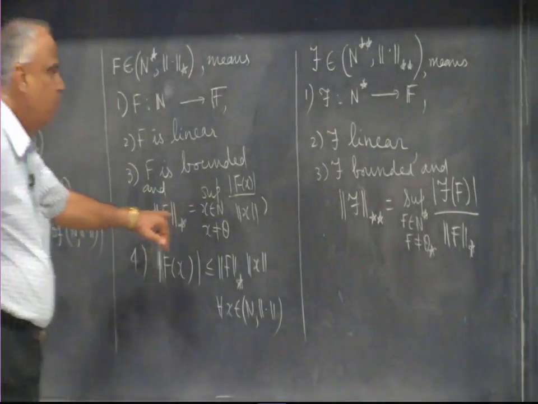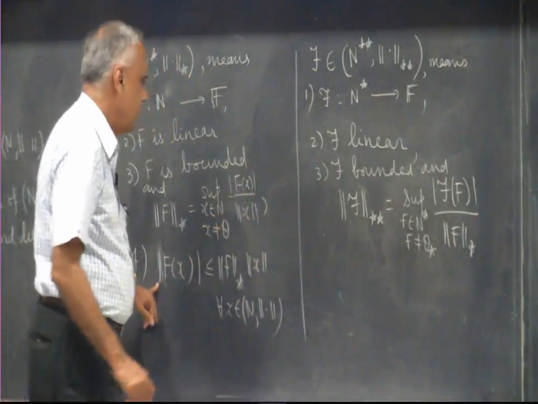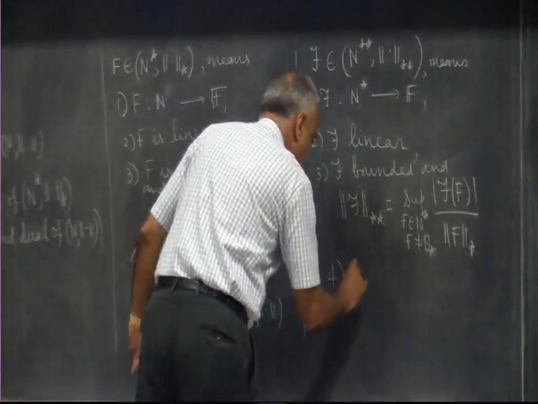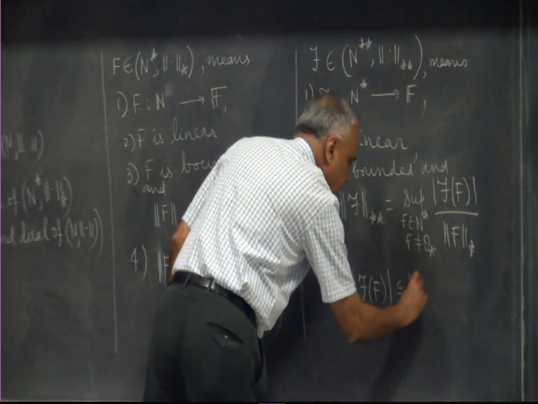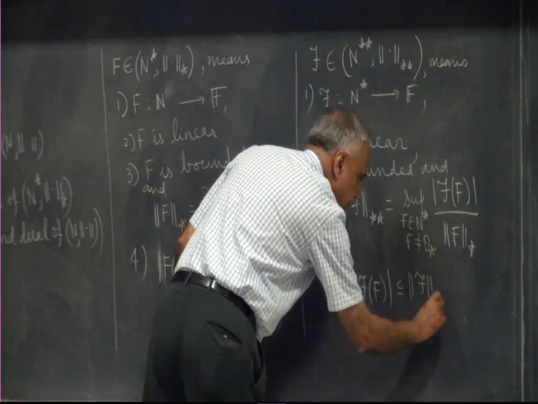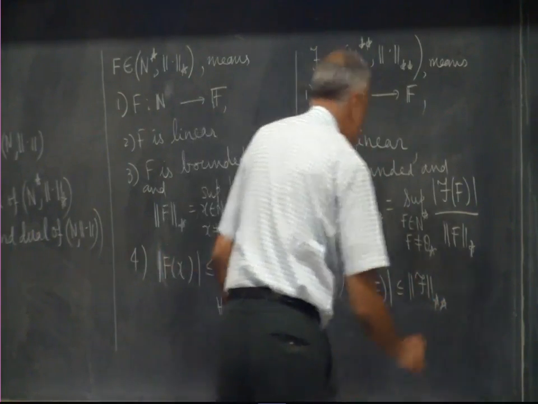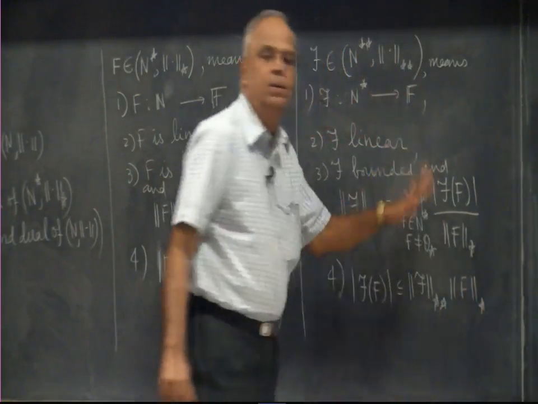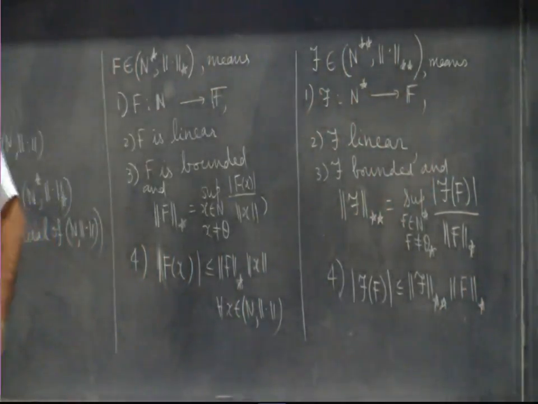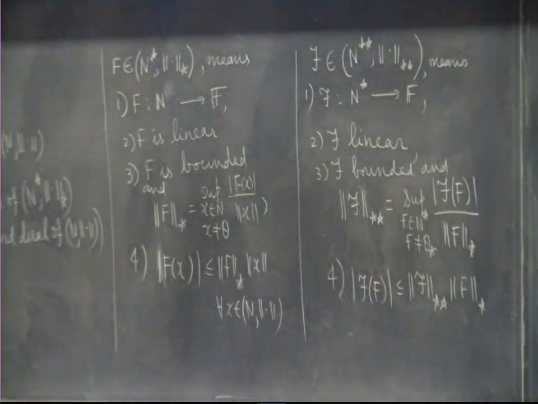Then the fourth one is mod script F of f will be less than or equal to norm script F double star times norm of f star. These are all the things that we have when I say that script F belongs to N double star.